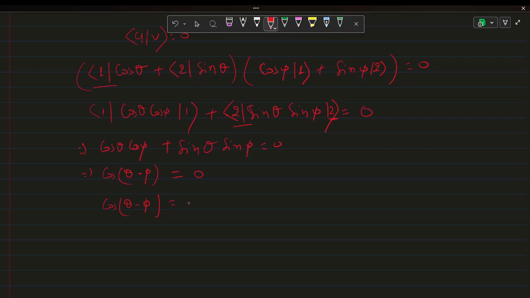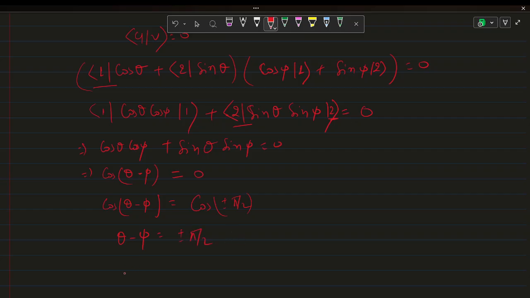So we can write θ − φ is equal to plus or minus π/2.